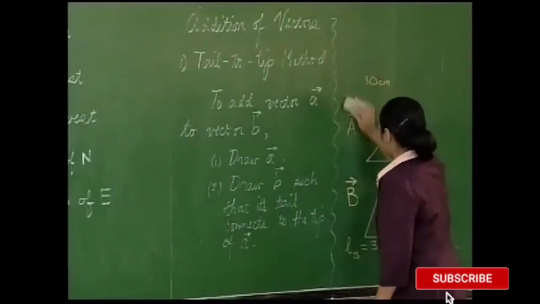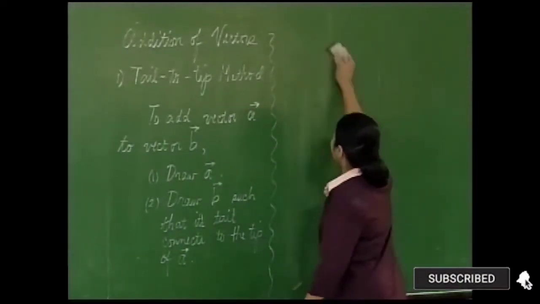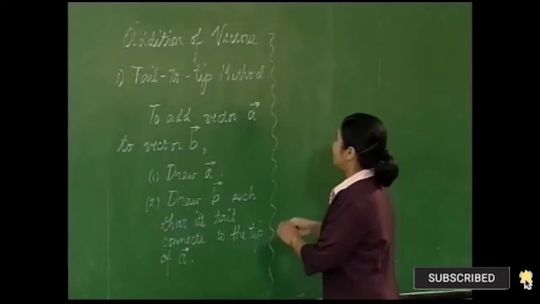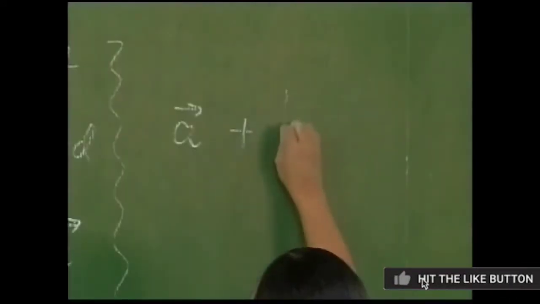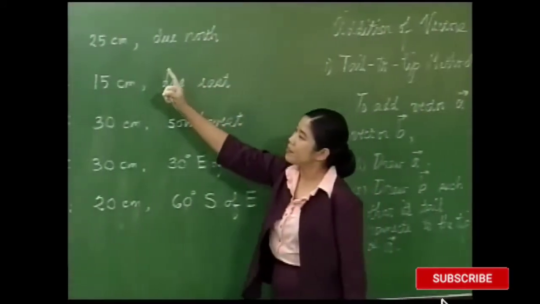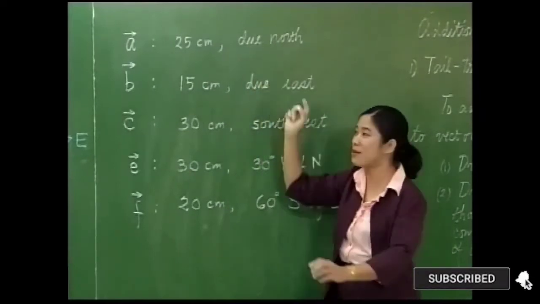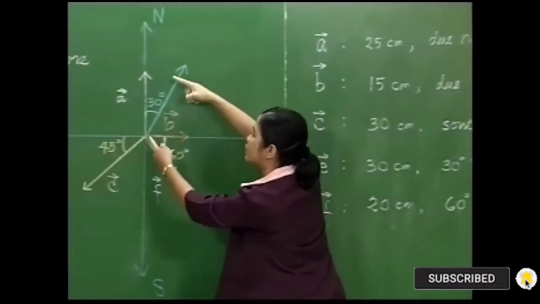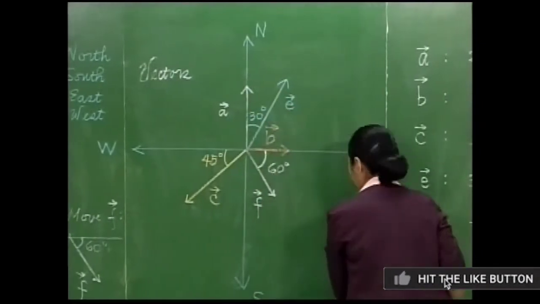So let's see. I have vector A plus vector B. What is my vector A? It is 25 centimeters due north. So remember, I said that I can transfer this vector as long as I have the correct length.